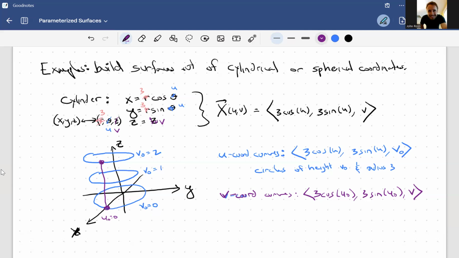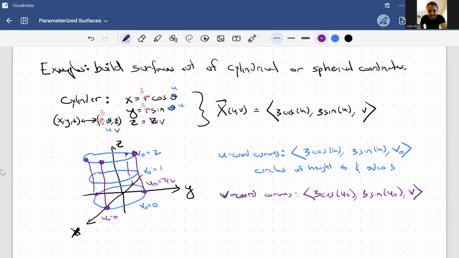And at u naught equals pi over 2, we'd be over here. We're going to pretend these are all stacked on top of each other nicely. As always, pretend my pictures are good pictures. And this would be our u naught equals pi over 2 coordinate curve. Then we have this one in the back here. So that's going to be the coordinate curve at u naught equals pi. And then at 3 pi over 2 will be over here.